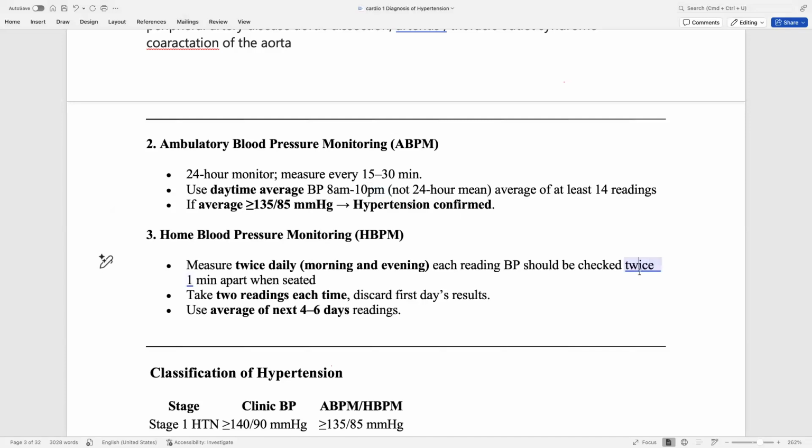So we will take 14 readings at least. We can take the whole readings between 8 and 10. Fine. If the average is crossing 135 over 85, this is hypertension, confirmed. We can now shift to the investigations, if indicated, and management, if in the stage of management.